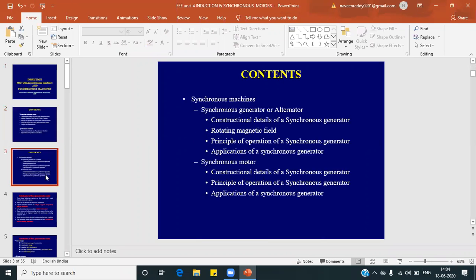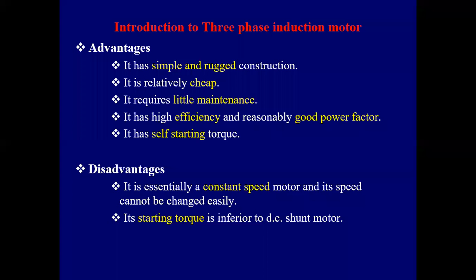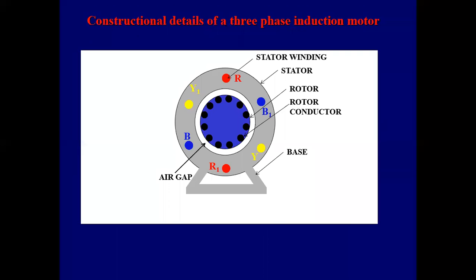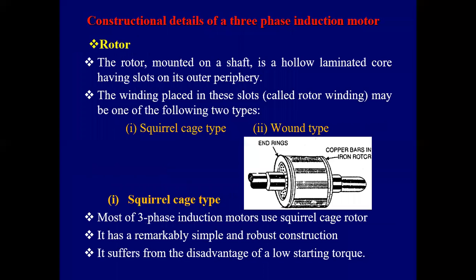Now get back to the induction machine. We discussed that the induction machine has a rugged construction, is very cheap, needs little maintenance, and it has a stator and rotor. Stator will have three-phase winding, and there are two types of rotors: one is squirrel cage rotor, another is wound type rotor or slip ring rotor.